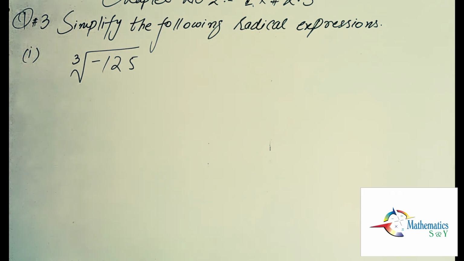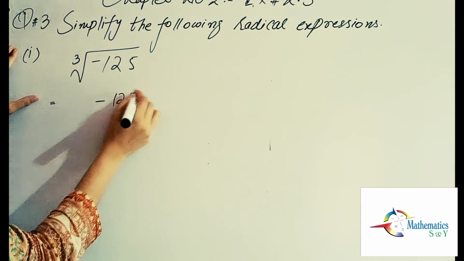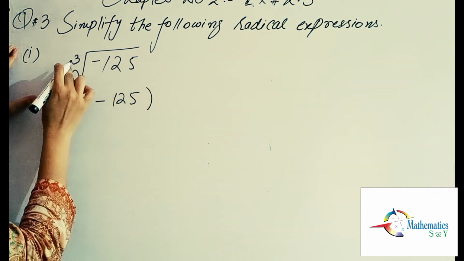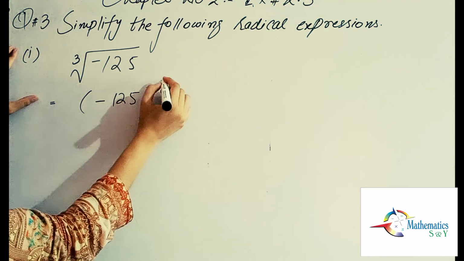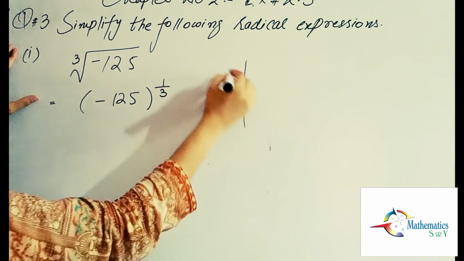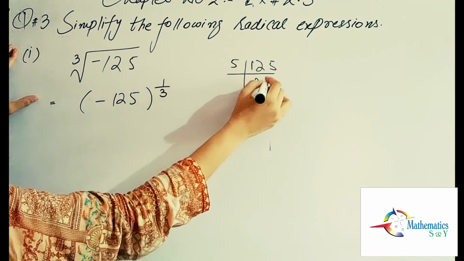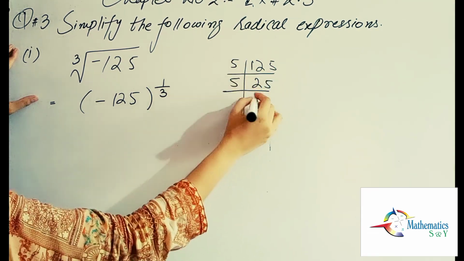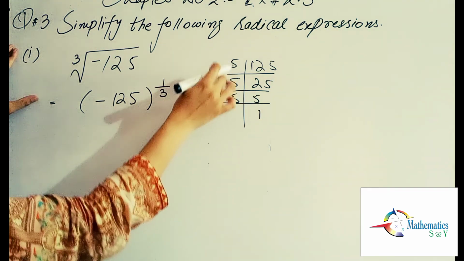So how are we going to simplify this? First of all, we will write this in the form of the exponent: minus 125, and here is the cube root, so its exponent will be 1 by 3. Here I am going to make the prime factors of 125: 25 times 5, 5 times 5, and 5 once. So how many times is 5 here?